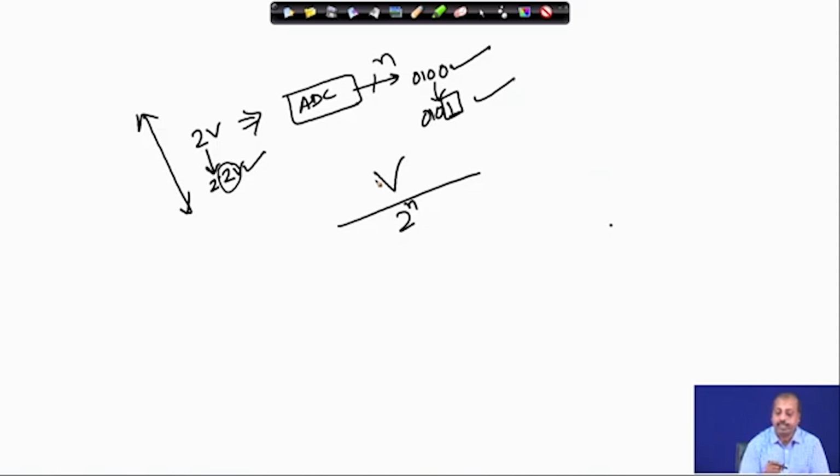because ideally this entire range is uniformly divided. It is not that, say V equal to 5 volt, for 0 to 1 volt it produces values which are close to each other, and from 4 to 5 volt it produces values which are far away from each other. The corresponding change in the input voltage that is required to change the LSB would then be different over different ranges of voltage value.